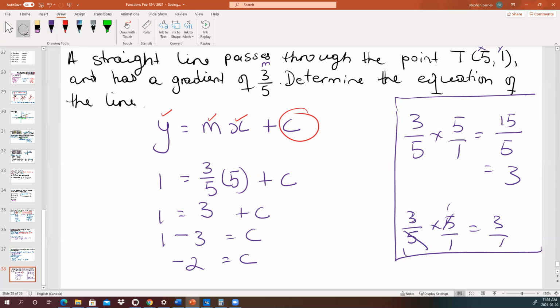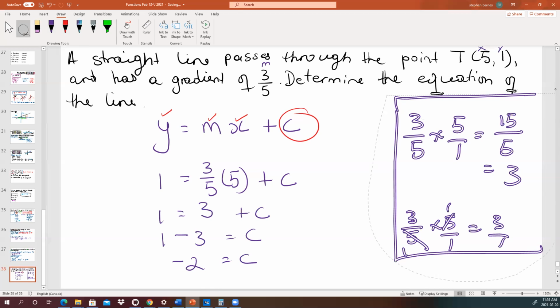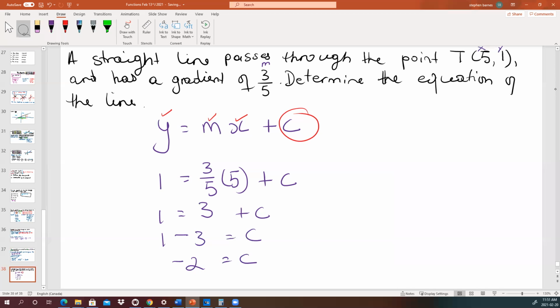So all that's left to do is to write the equation of the line. All right, so the equation of our line now would be y equals m, which is 3 over 5, x plus negative 2.